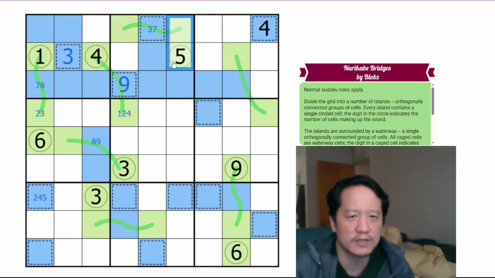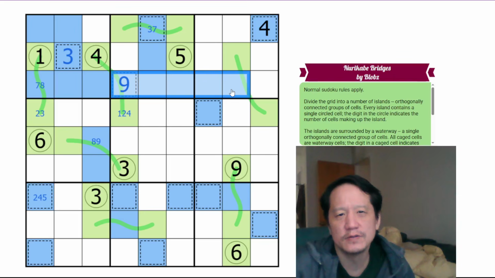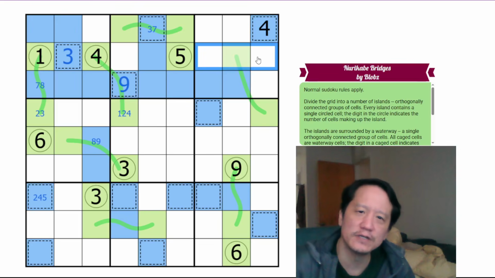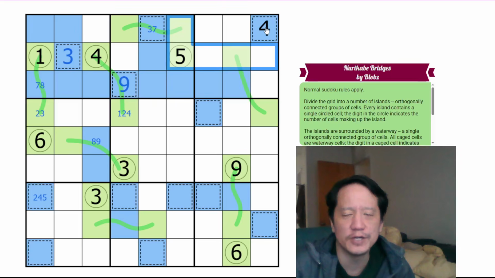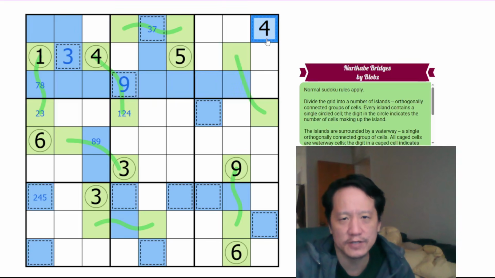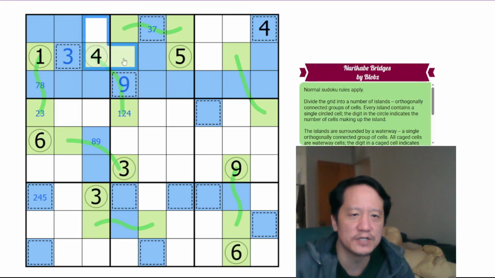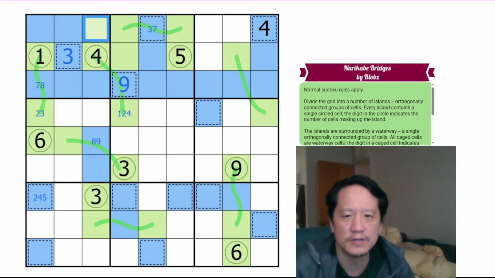And this is blocked off by this. This could continue that way, actually. No, it cannot. If it goes that way, it has to connect that way, and this blue is not going to be orthogonally connected to the rest of the blues. So this must orthogonally connect this way, which means this can't be blue, this is green. Oh, and this is size 4. So this has to be 4 in size.